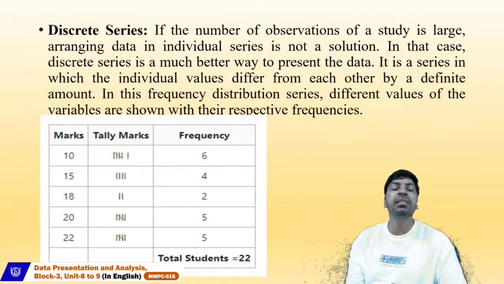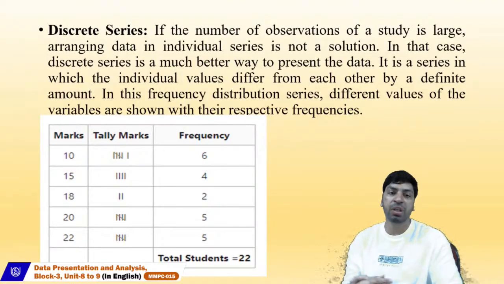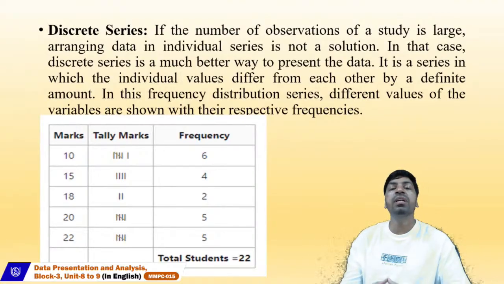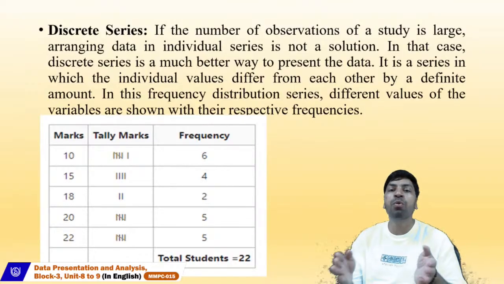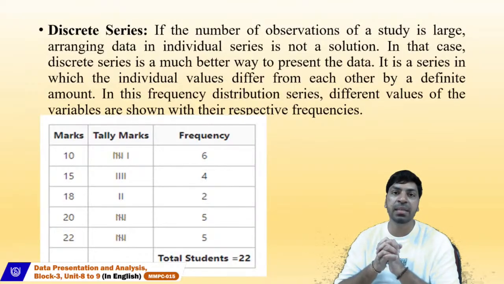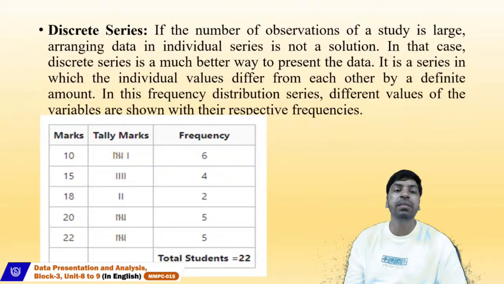It is a series in which the individual values differ from each other by a definite amount. In this type of series, different values of the variables are shown with their respective frequencies. So if any individual values are shown with their respective frequencies, it becomes discrete series.